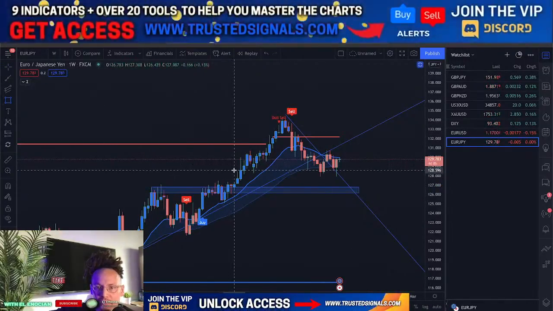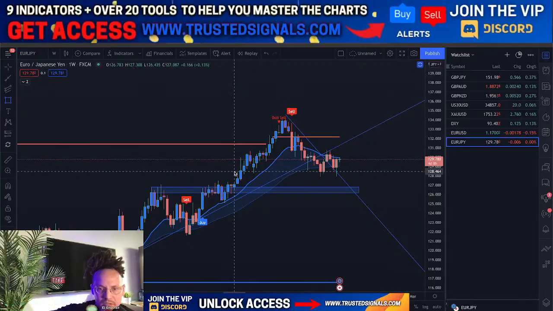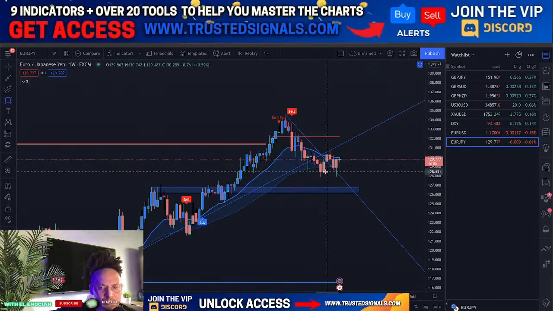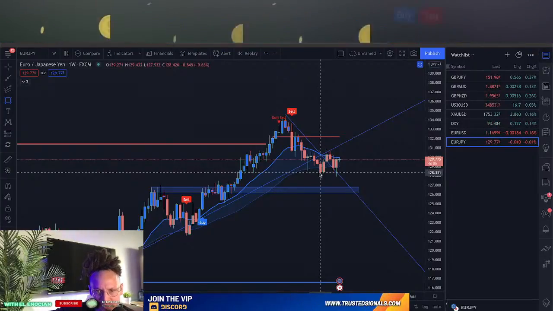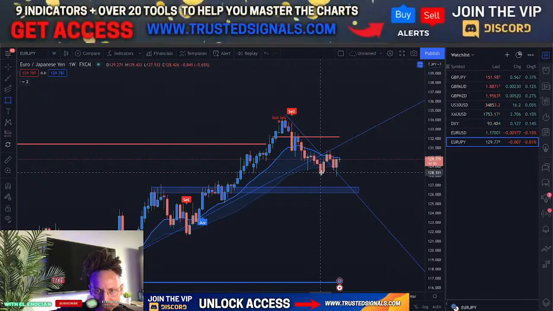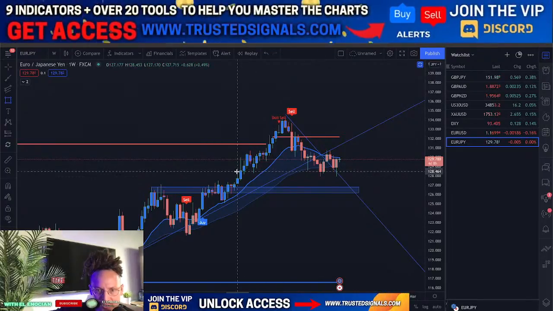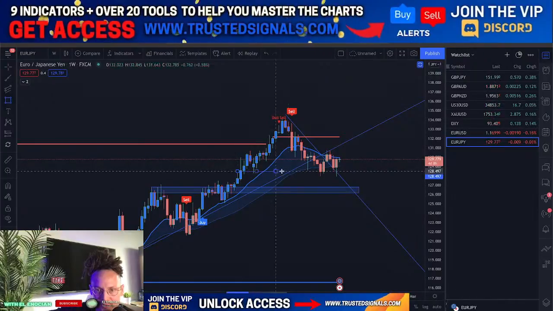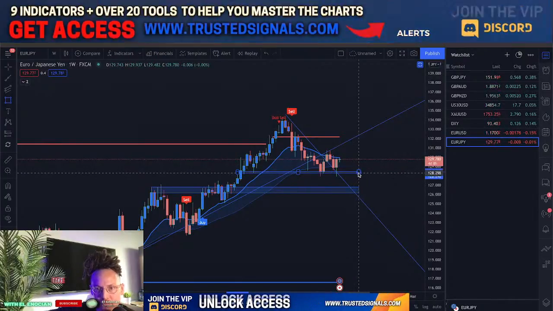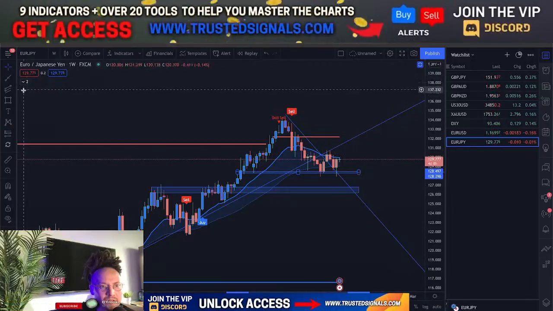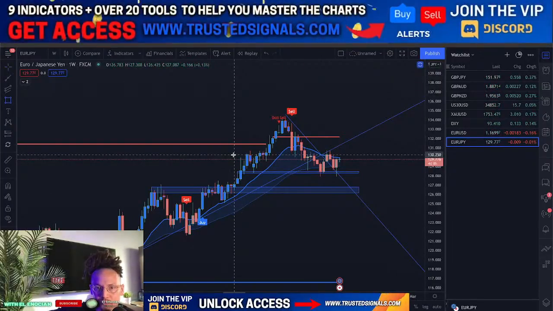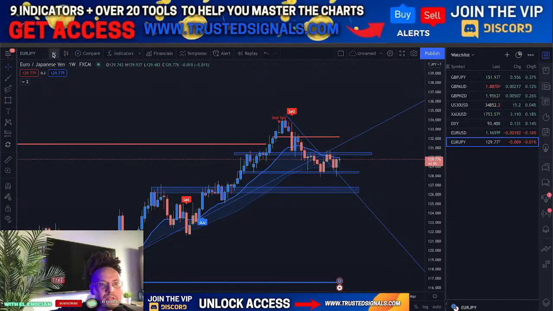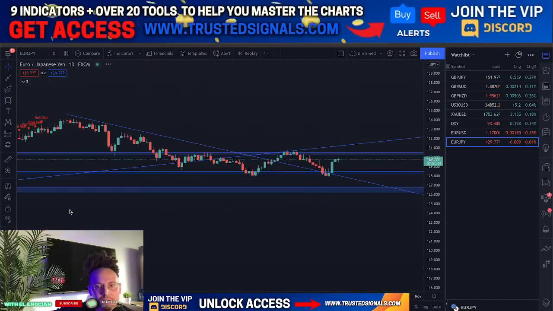You're going to find connections and consolidation areas like these, and try to find as much confluence as you can. For instance, you see these candle closes on the weekly and these wicks. It coincides with this candle close here and this wick here. So I'm going to do a channel right there, and then again, one right here and one right there. All right, then from here, we could go into the daily.